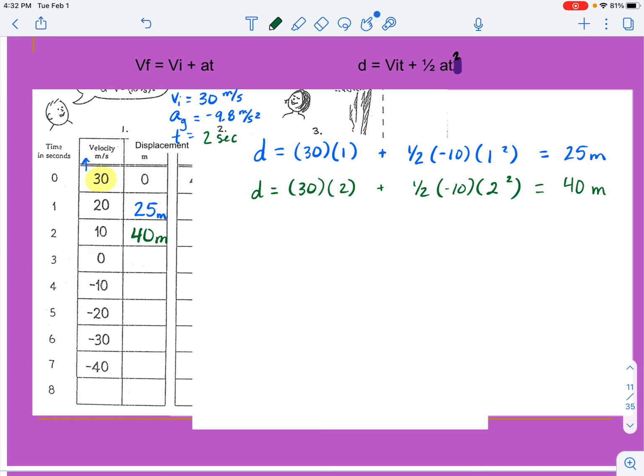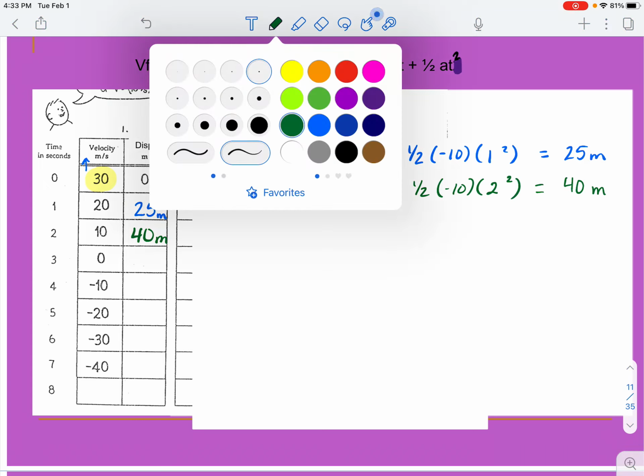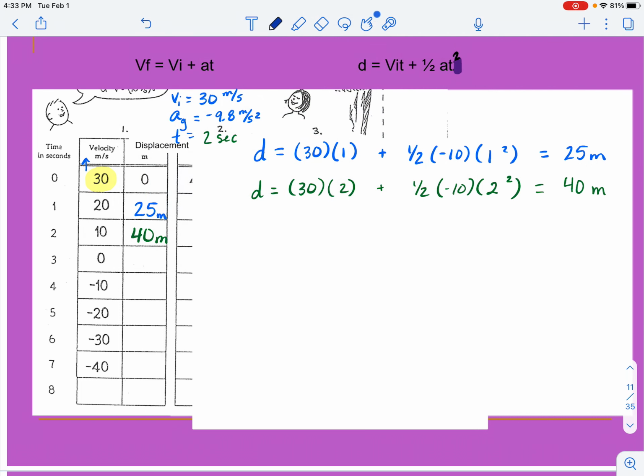Now I'm going to choose not to work all the problems with you. I'm going to go ahead and fill in some of the remaining numbers. So when we get to our time of 3 seconds, I would calculate a displacement of 45 meters. Now I want to pause here and point out all of these displacements are positive because in real life this object was thrown up into the sky, and so it's 0 seconds here, 1 second here, 2 seconds here, 3 seconds there.